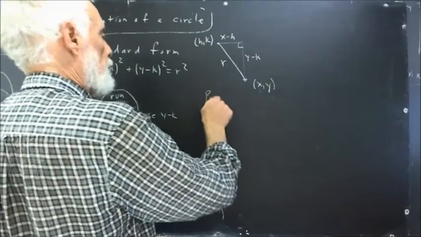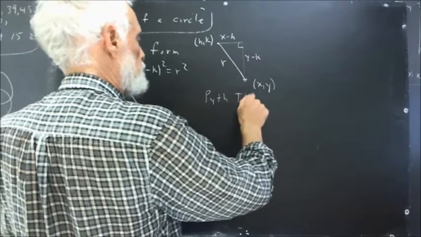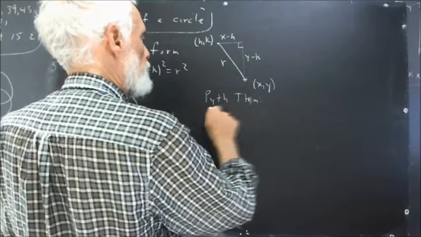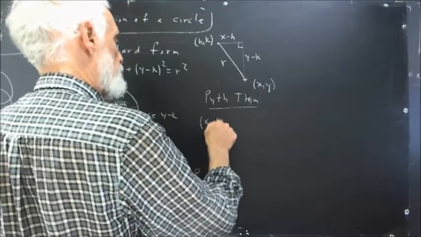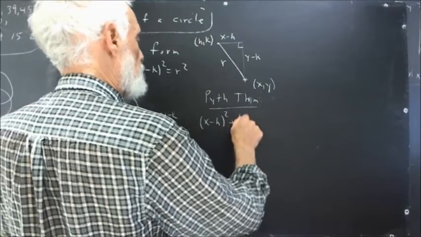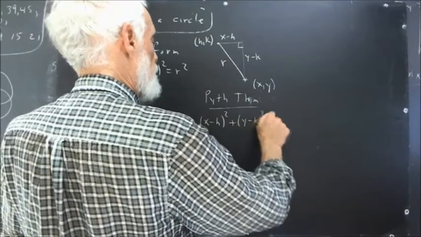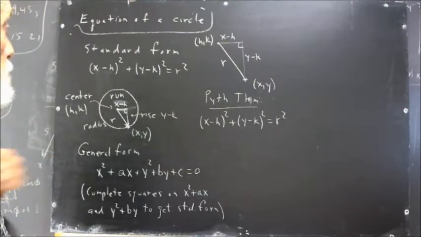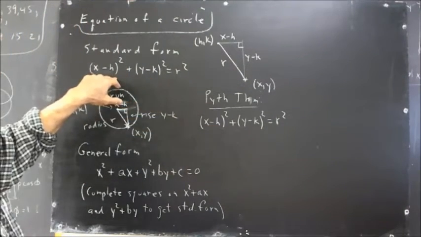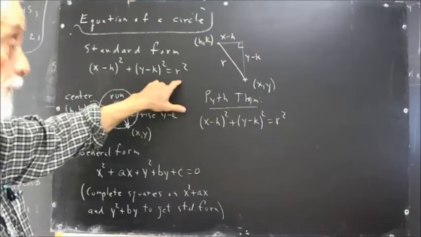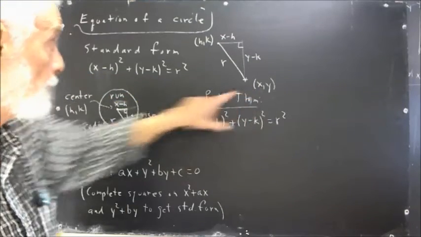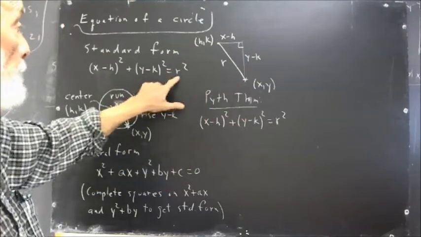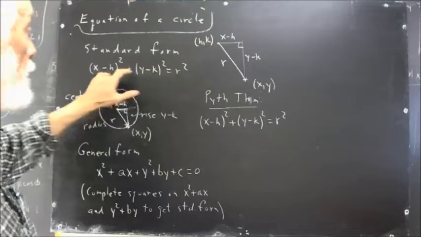So the Pythagorean theorem tells us that (x minus h) squared plus (y minus k) squared equals r squared. And that is the equation of the circle. The equation of the circle is just a statement that the point (x, y) here lies at distance r from the point (h, k).